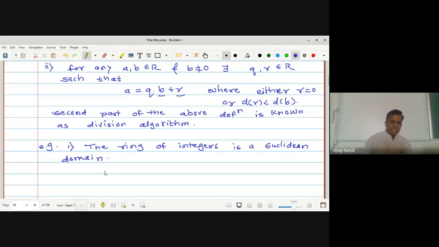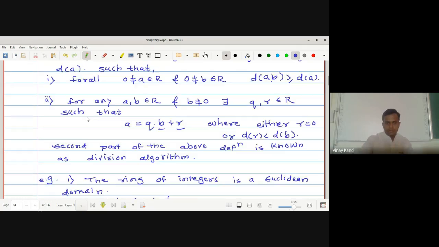I can define a function on the ring of integers. Okay, the ring of integers is a Euclidean domain such that d(n) is equal to mod n. I can define such a function. Wait a minute. d of n is equal to mod n.